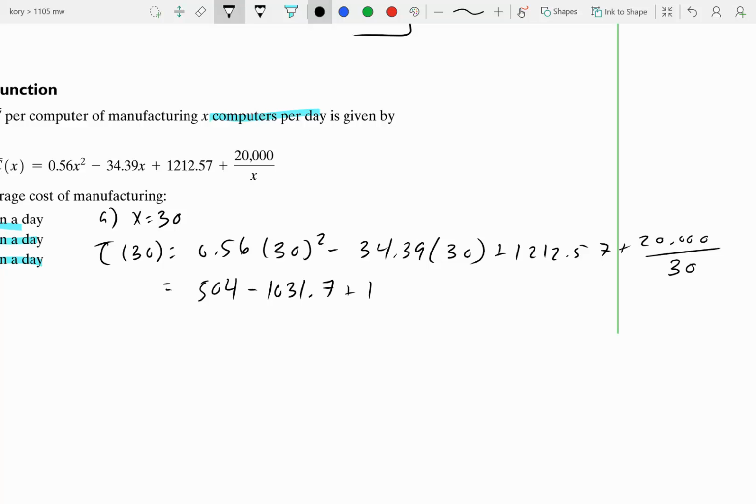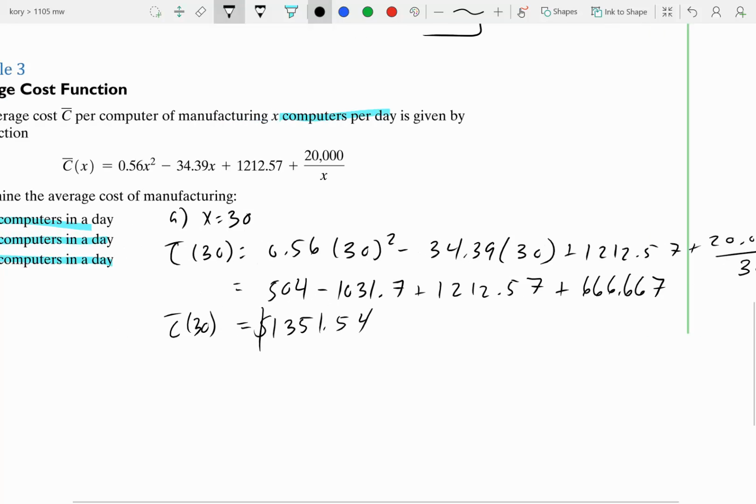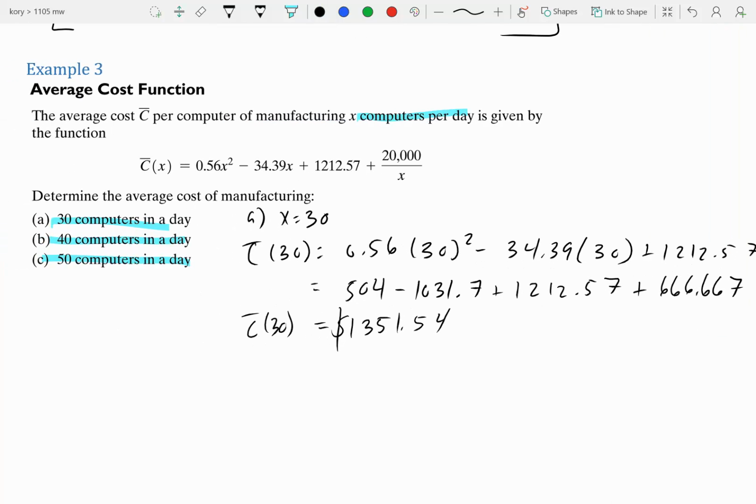Then we have to add that to 1,212.57, and then we do 20,000 divided by 30, and since we have all these decimals here, just work with decimals. So it's 666.667. Now we just add them all up, so we get C of 30 equals $1,351.54. So the cost of making 30 computers a day is just over $1,300.